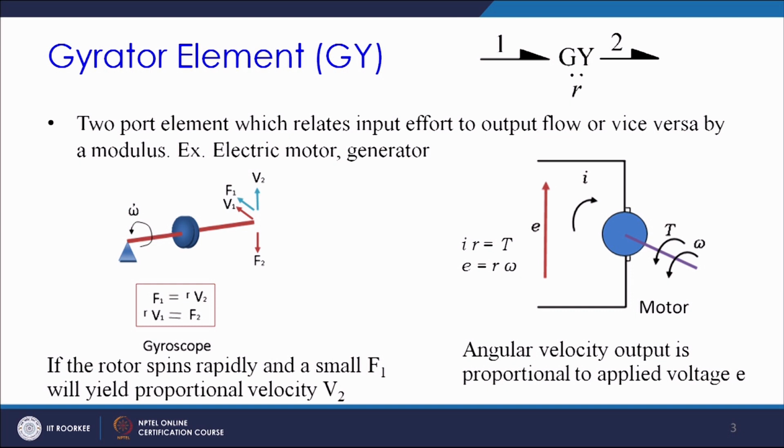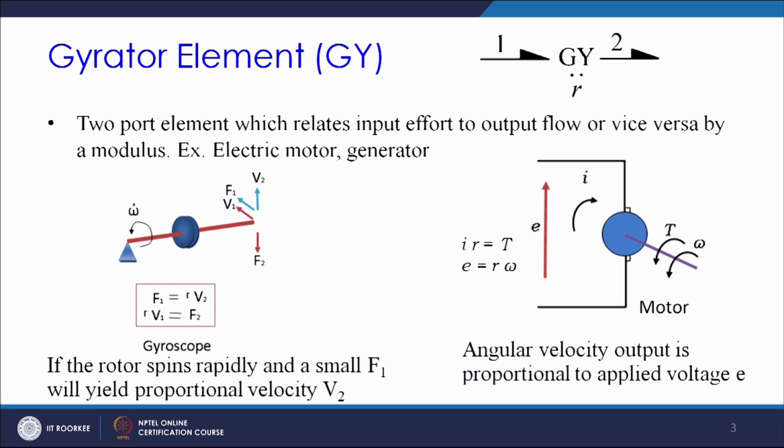Let us take an example. Say this is a simple example of the gyroscope. Here suppose there is a disc which is attached to a shaft and it is spinning about a pivot here by say angular velocity omega 1, and suppose in this case if I apply a force in the F2 direction, it will start moving in the V1 direction.